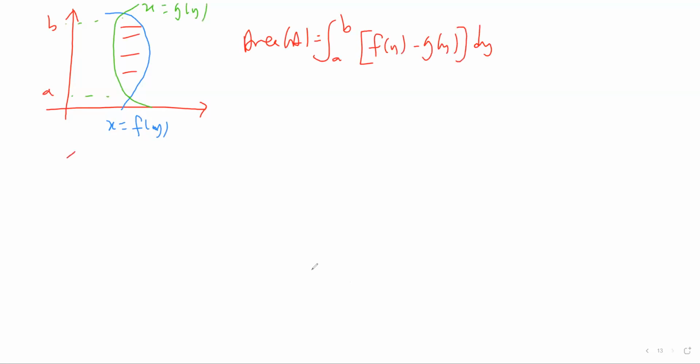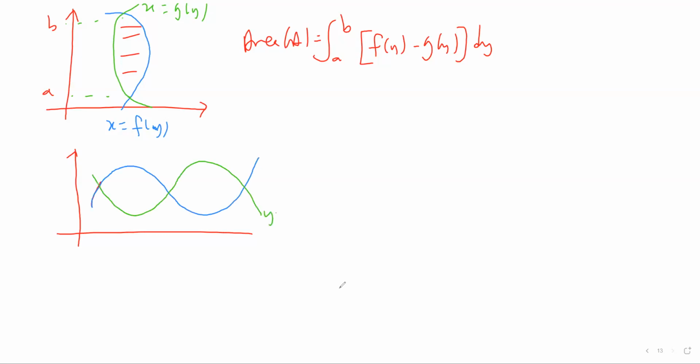Also, in some instances, you have a curve that's a function like this, and another function like that, where y is equal to g of x, and in this case, y is equal to f of x. And we have a to b, but they also meet here, so we call it c.